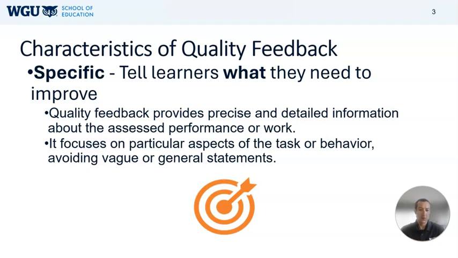Again, the more specific we can be, the better our student learning is going to be throughout this process. So avoid vague or very general statements and be very specific about it. So if a student was writing an essay and they need to improve their thesis statement, let's be specific and tell them exactly what about their thesis statement we need them to improve on.